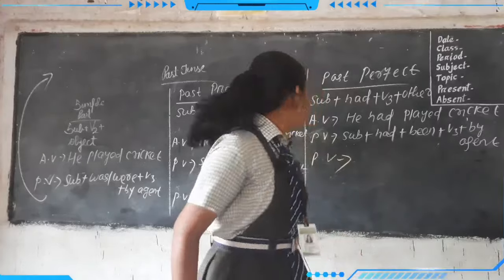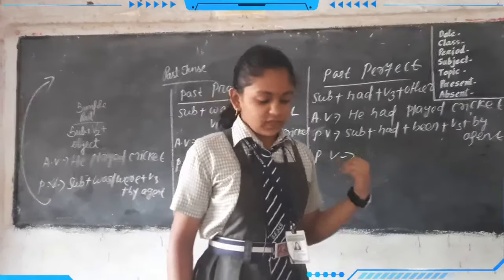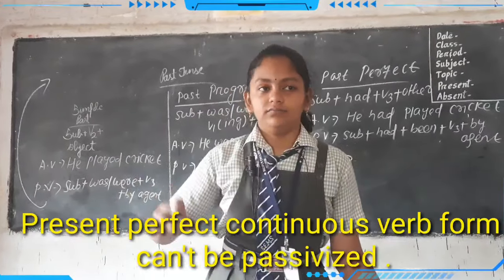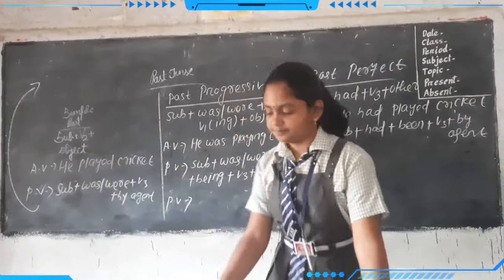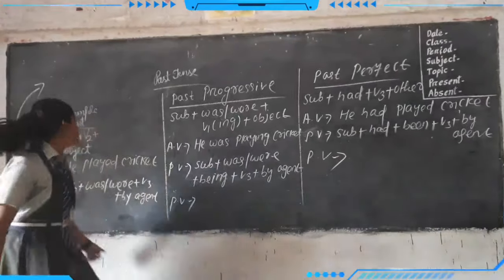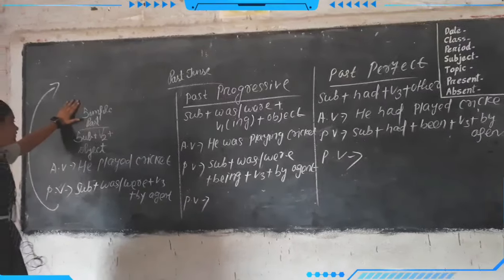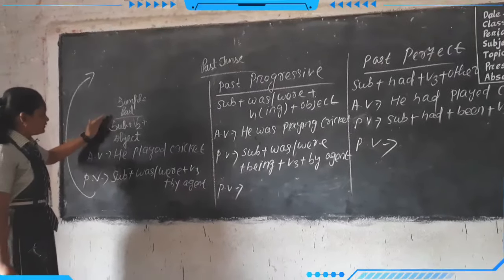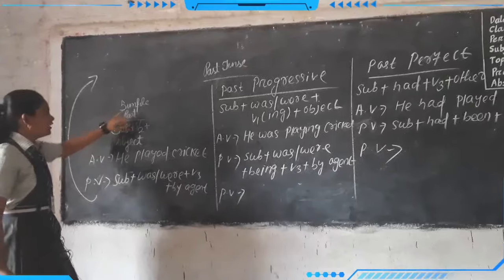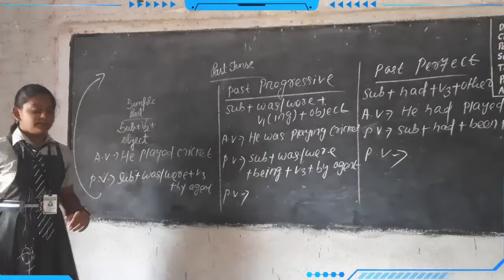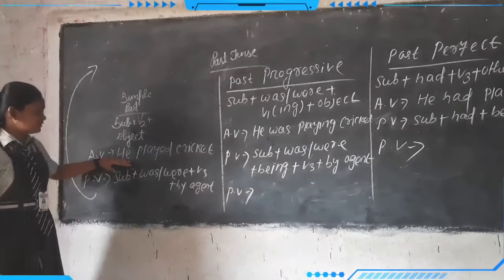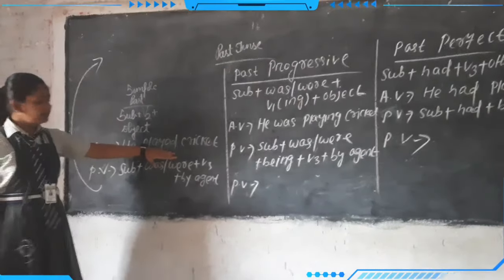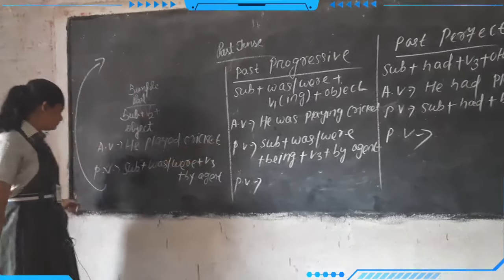Next, we will come to past tense. There is no passive form for present perfect continuous tense. For the simple past, in the active voice, the structure is subject plus verb 2 plus object, and the example is he played cricket. This is the subject, this is the verb, and this is the object.